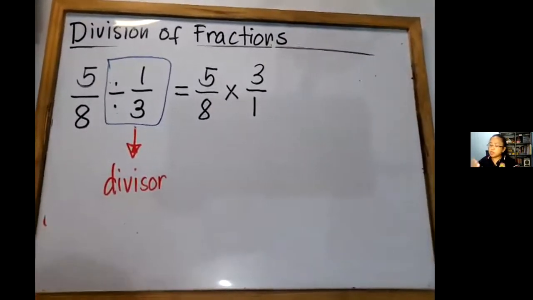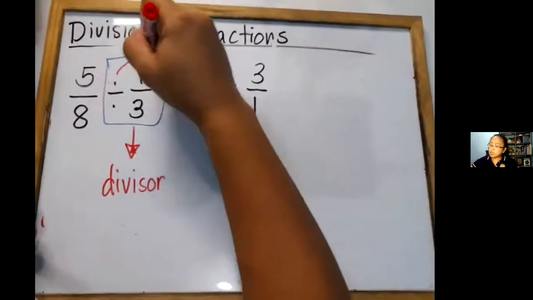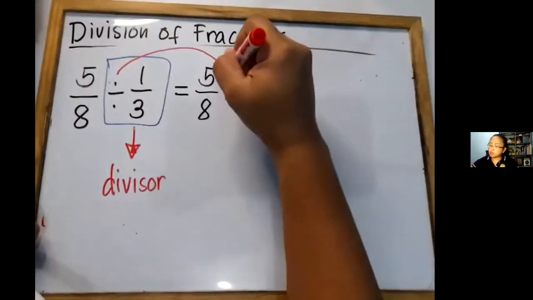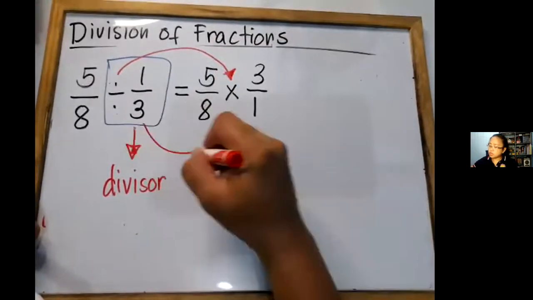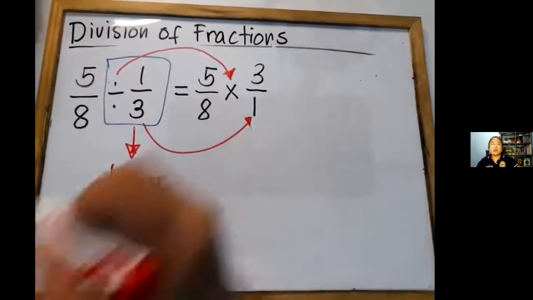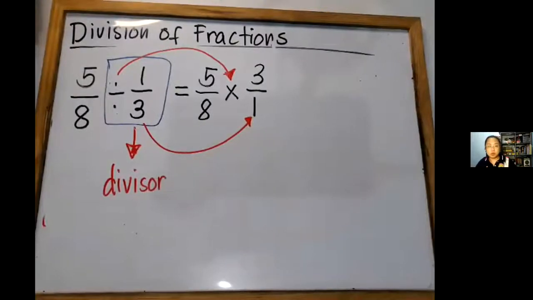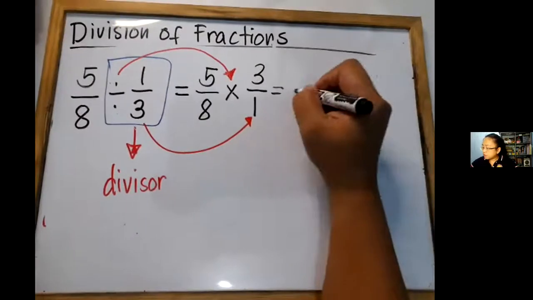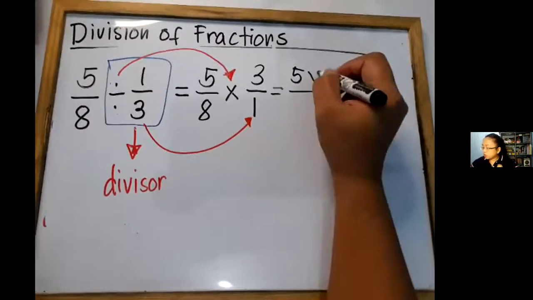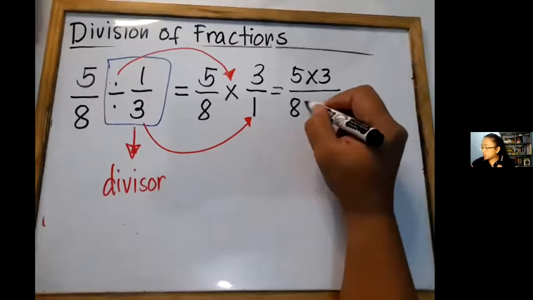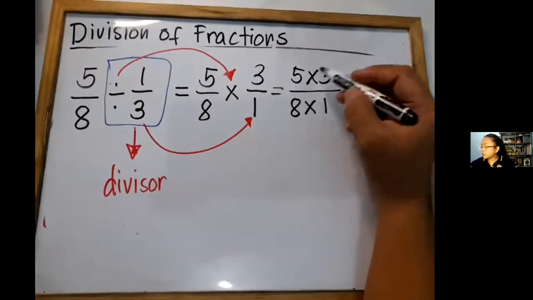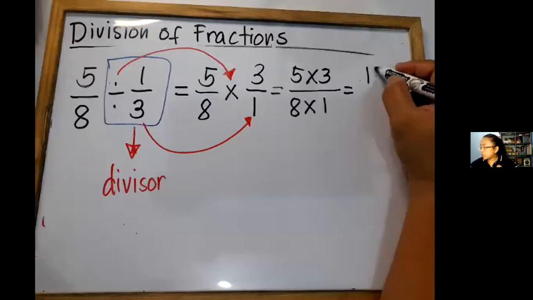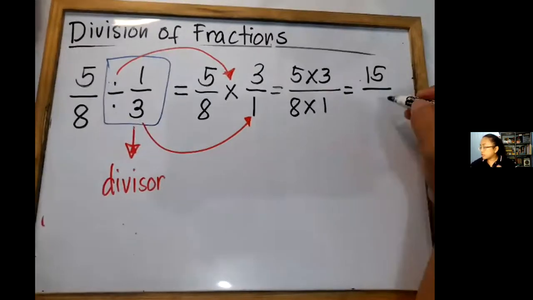So, yung division symbol natin naging multiplication, at yung divisor ginawa nating 3/1. Now we can proceed to multiplication. Multiplying all the numerators, 5 and 3, and the denominators 8 and 1. We'll have 5 times 3, that's 15, and 8 times 1, that's 8.